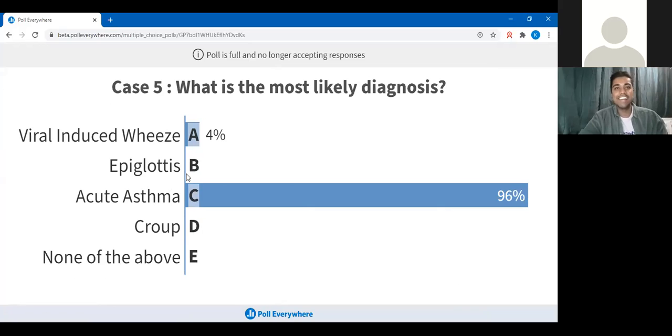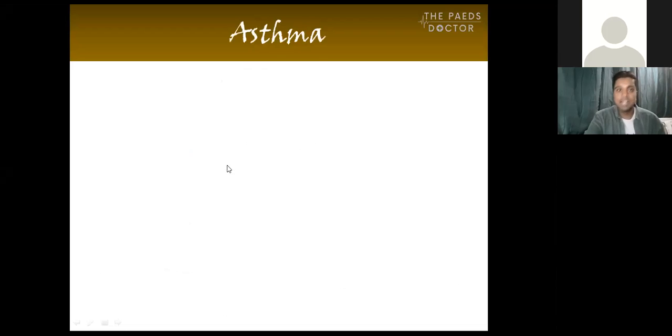Yeah, that's correct. Someone said viral-induced wheeze again. I think I probably need to explain viral-induced wheeze a bit better. Let me discuss asthma first, and then I'll go back to that. Asthma is a common condition that you'll see in your A&Es and GP. So this is a case of acute severe asthma attack.